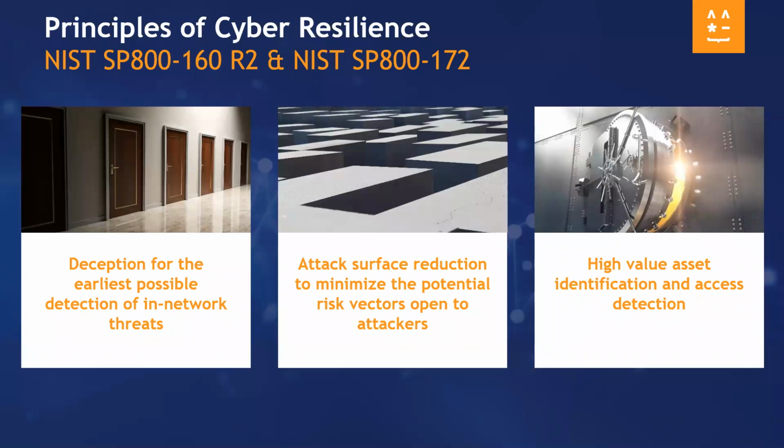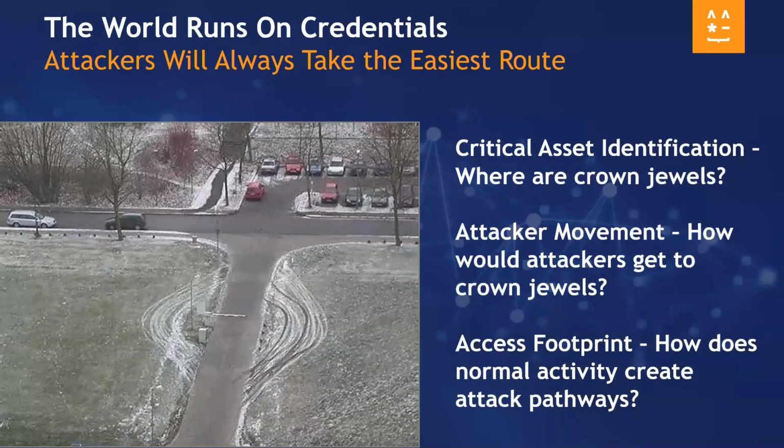DHS did produce a control overlay in 2017 for the protection of high-value assets. And again, there's supplemental guidance for control sets that do identify and protect the crown jewels, as they're referred to. So, it's interesting. We put controls in place, and adversaries find ways to go around those controls, as the picture depicts.